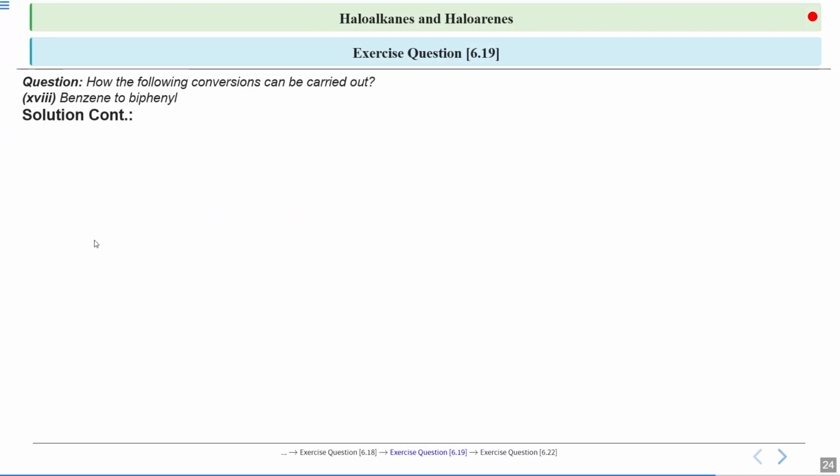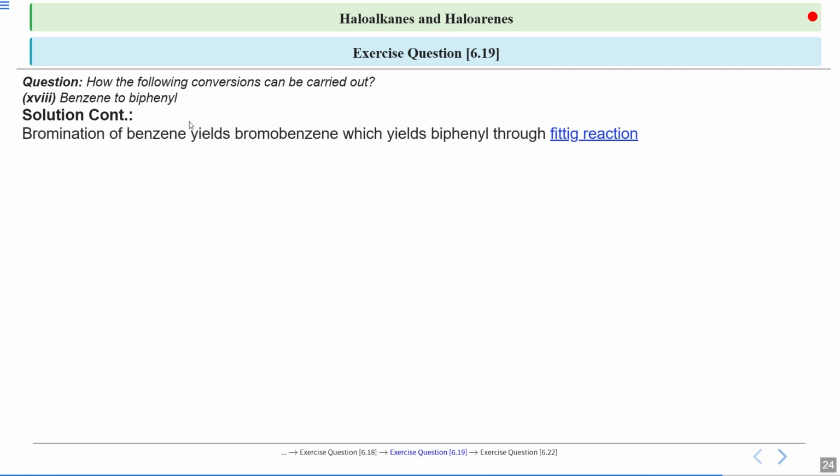Now let's see the 18th conversion, that is benzene to biphenyl. So bromination of benzene will yield bromobenzene, which will yield biphenyl through the Fittig reaction. When you take benzene, you react it with a bromine molecule for the bromination. In the presence of FeBr3 and dark conditions, you will get a bromine substituted benzene ring, that is bromobenzene.